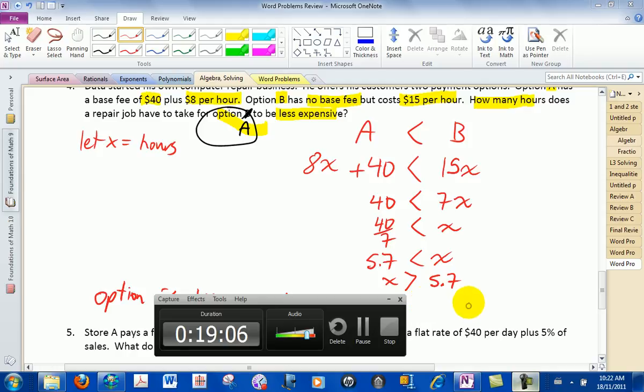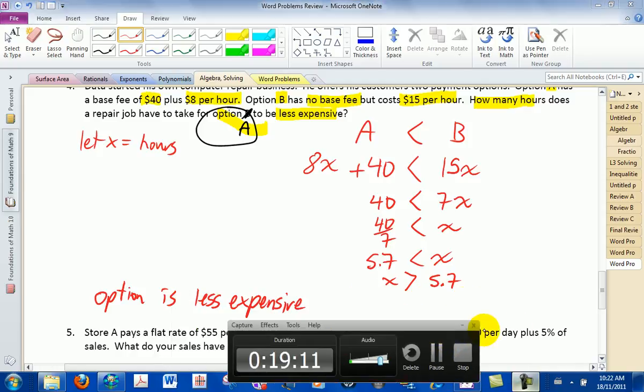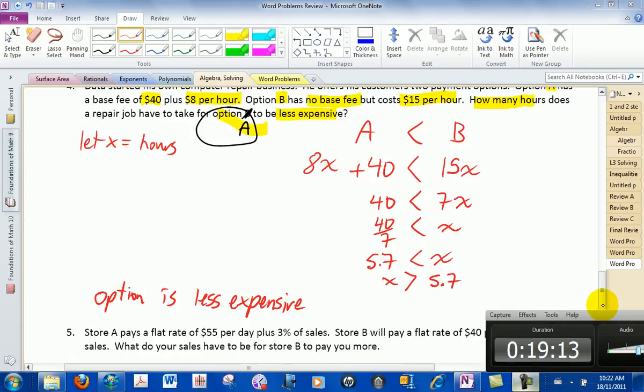Go ahead, Mandy. Option A is less expensive. Sorry, I'm lost.